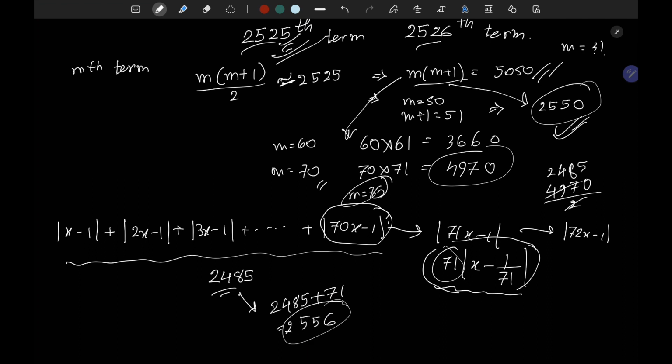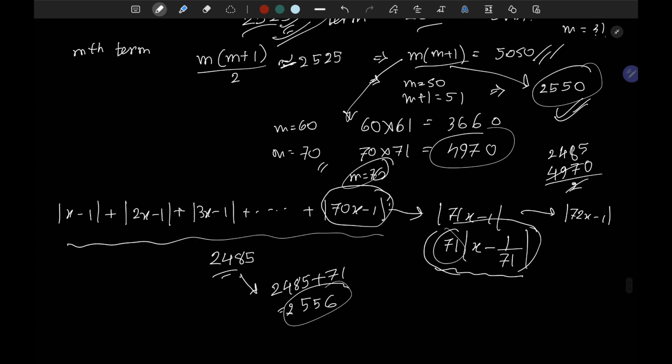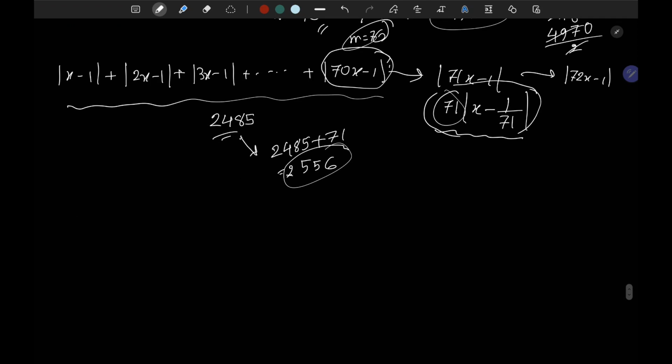We already crossed this one. That means your minimum value will occur somewhere between these two terms. This modulus of x minus 1 by 71, and the very next term will be x minus 1 by 71 again. Between these two terms, somewhere you will have the minimum value of your function.